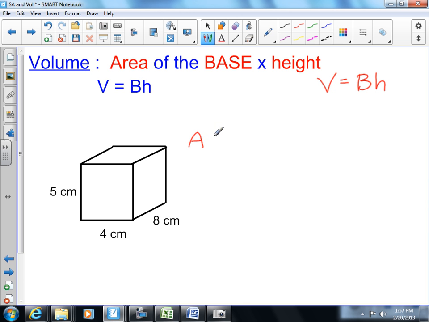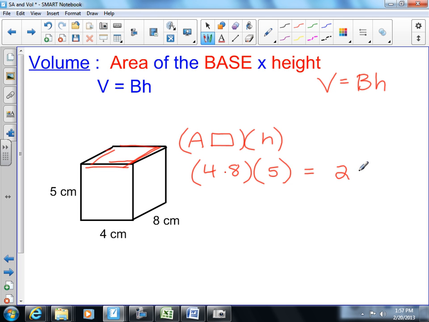So you're going to find the area of a rectangle and then take that times the height of your solid. All right, so let's do that. The area of the base would be a 4 by 8, and I'm going to take that times your height, which is 5. So now I have 32 times 5, which is 260.